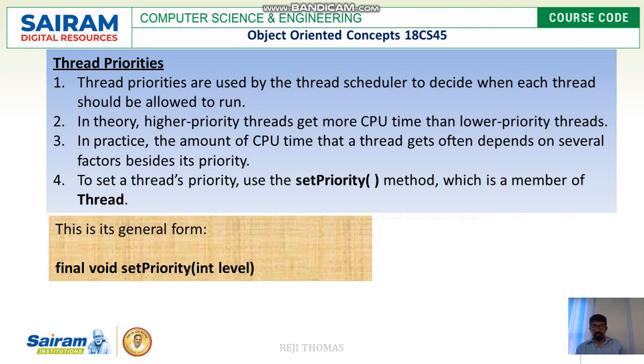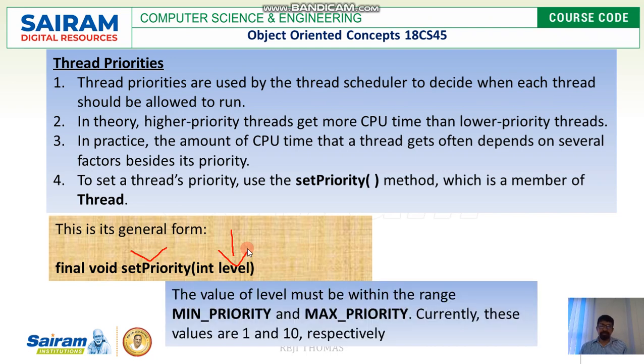The first one is that we can set the priority. We have a method called setPriority, and the level is going to decide what the priority is for a given thread. Next, there are two bounds, two extreme priorities: the minimum priority and the maximum priority.